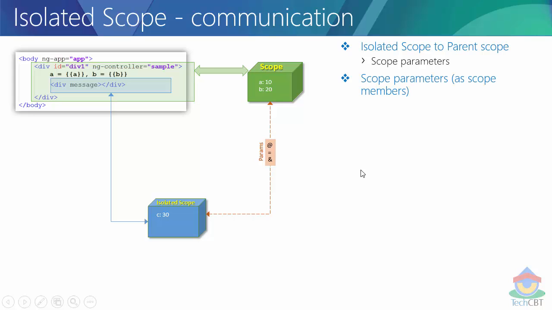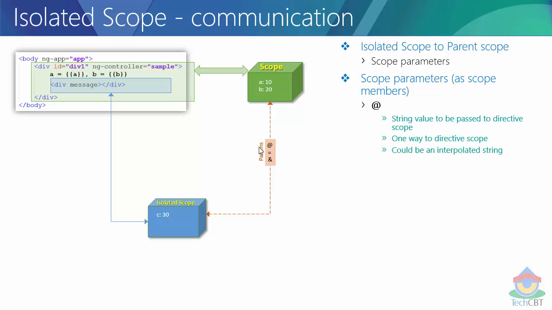So, scope parameters as scope members. This is very important. I'm going to come back to scope members later, but just imagine how these scope parameters are really different from each other whenever you are providing @ or equals or ampersand. First of all, what do you mean by @ here? @ means it is just a string value, whatever you would like to pass from the parent or outside world to the isolated scope.